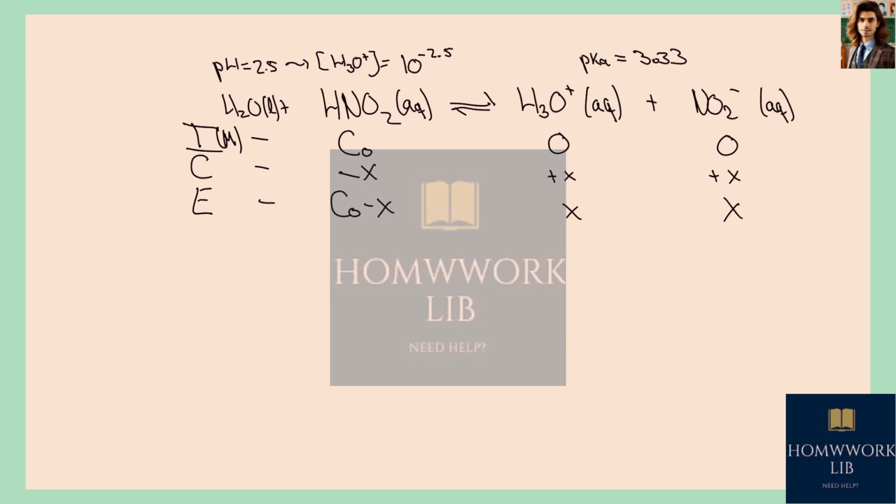So now, in most of the problems of this type, we are used to solving for X. But if you notice, in this scenario, we're given the value for X because this is going to be the concentration of H3O+ that we require. And that value is 10 to the minus 2.5 as we mentioned at the very beginning. Correct?